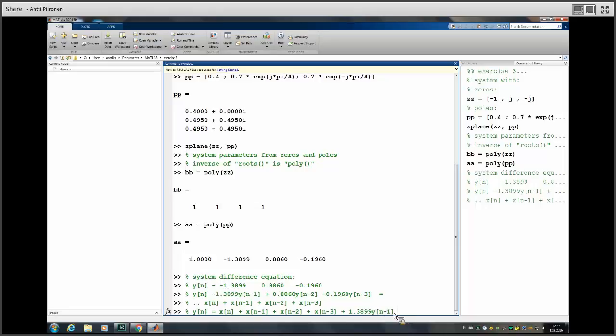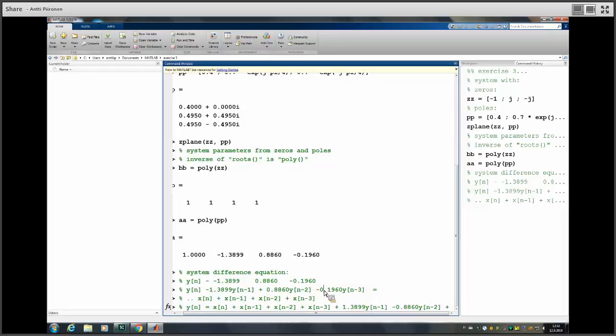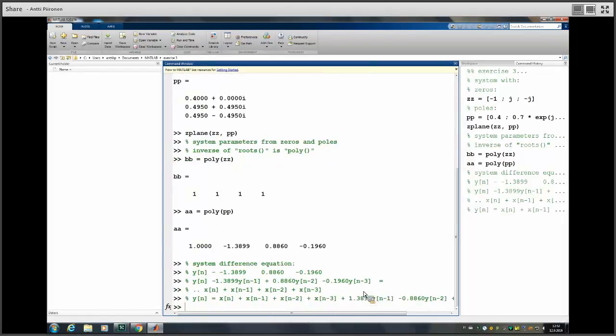The next one will have a positive sign, that goes to negative. And the last one has a negative sign, goes to positive. There. Okay, be careful with the signs. System parameters.